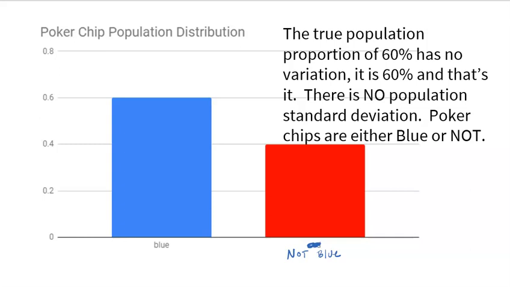So the true population proportion of 60% has no variation. It is 60%. That's it. There is no population standard deviation. Poker chips are either blue or not. So in terms of what's true for the population, there's only one number that's true: 60%.